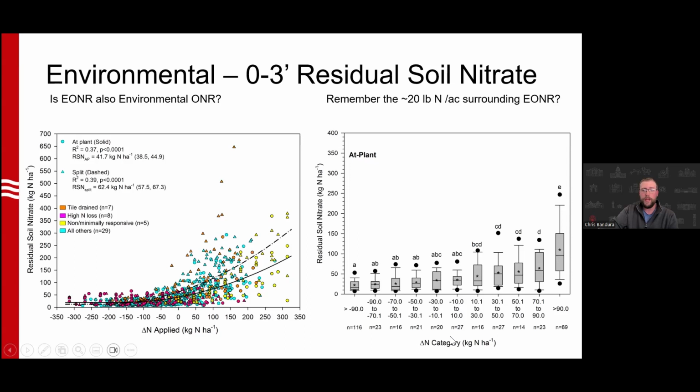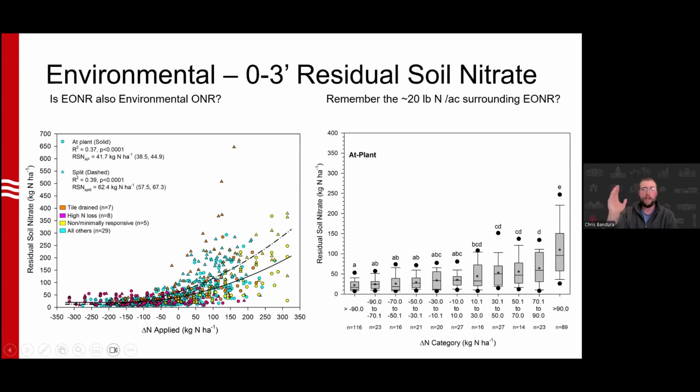We binned these delta N categories into 20 pound per acre bins. For example, this one here in the middle is 10 pounds of N under EONR, all the way up to rates that are 10 pounds over EONR. That just gives you an idea of what this x-axis means here.